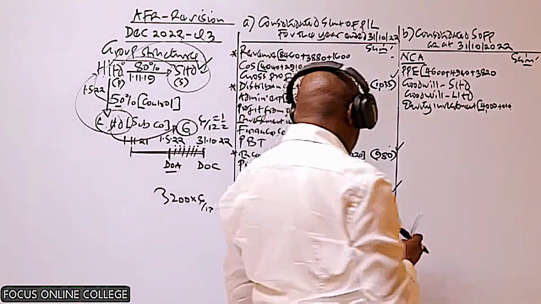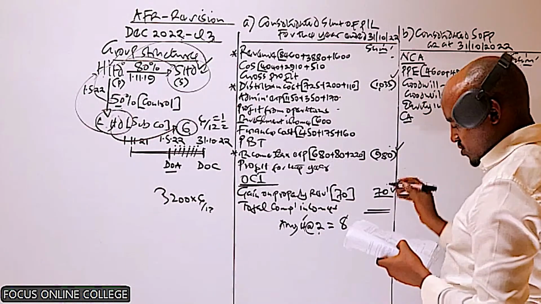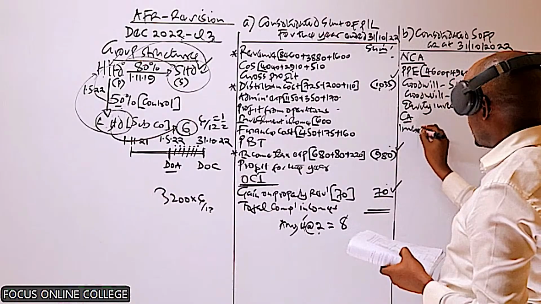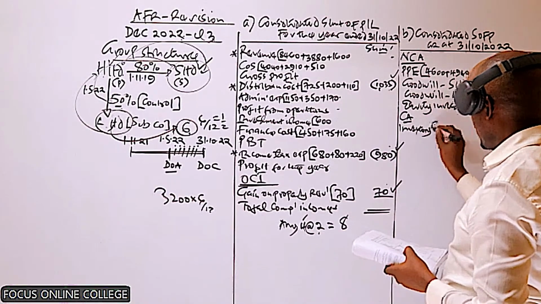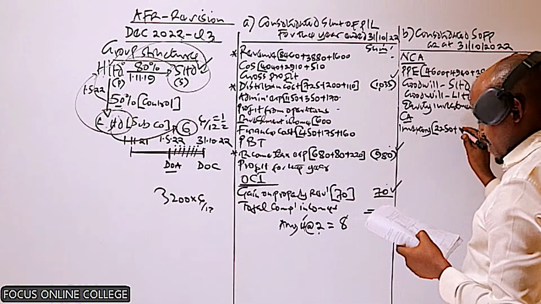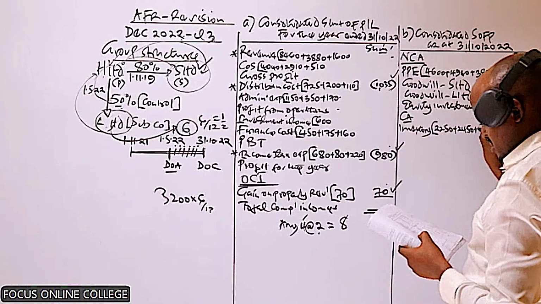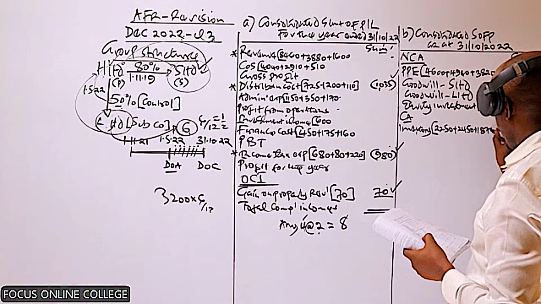And then from that, we will have the current assets. For current assets, we have inventory. We add the inventory for the three companies: 2250 plus 2450 plus 1875.